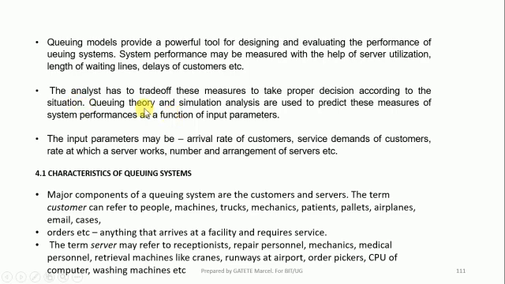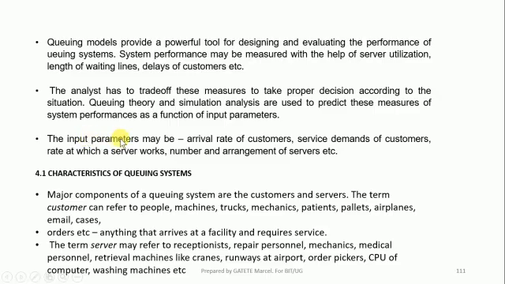So queuing theory and simulation analysis are used to predict the measures of system performance as a function of input parameters. They are used to predict in advance the measures which can be taken according to the results of the system performance. What are the input parameters?